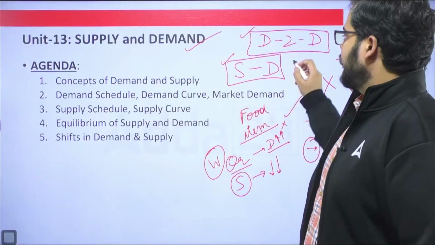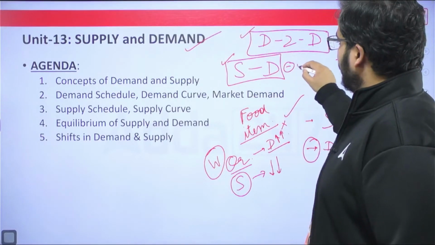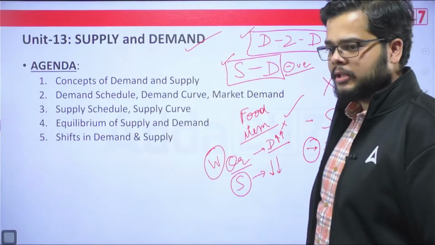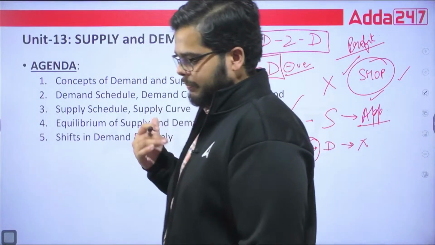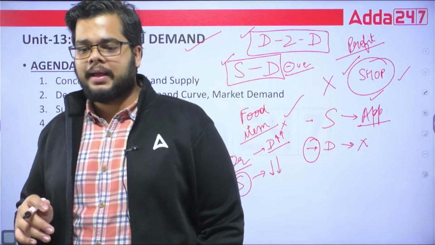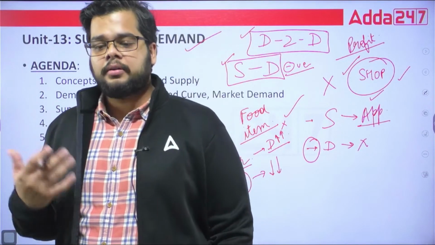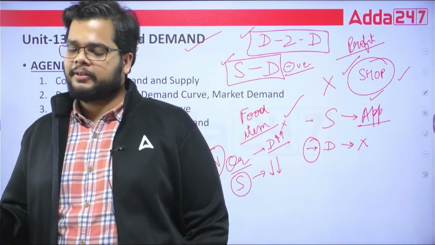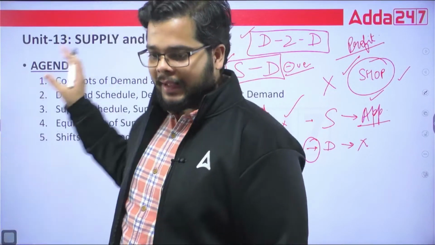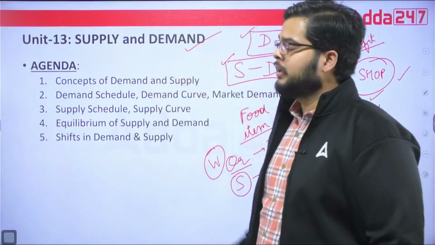Otherwise, there will be a negative impact on the business activities. So this was an overview of how supply and demand can make a dent in a business activity, or lead to its flourishing. That is the importance of this concept.